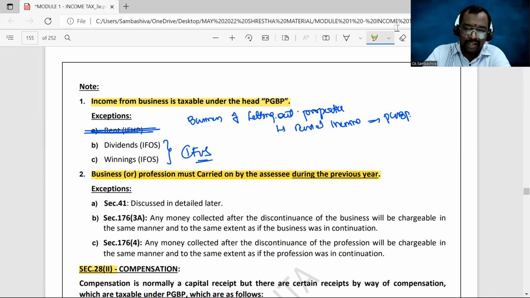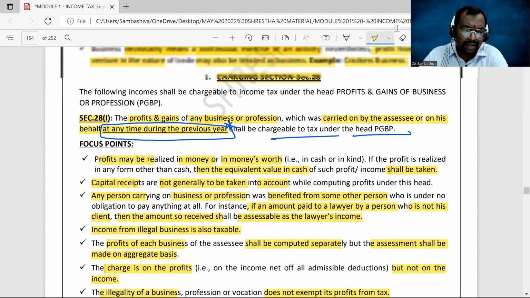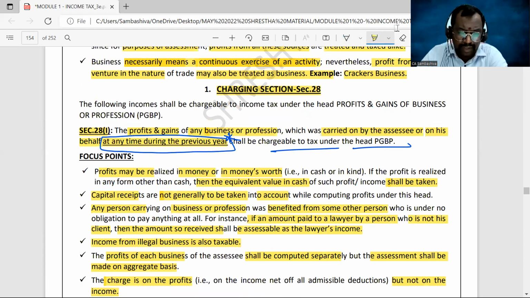Next, business or profession must be carried on by the assessee during the previous year. See, we have been taught in the charging section that in order to levy the tax on business or professional income, that business or profession should be carried on by the assessee or on his behalf at any time during the previous year, even if it is for 1 month.